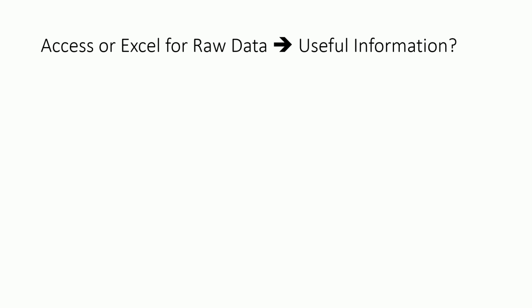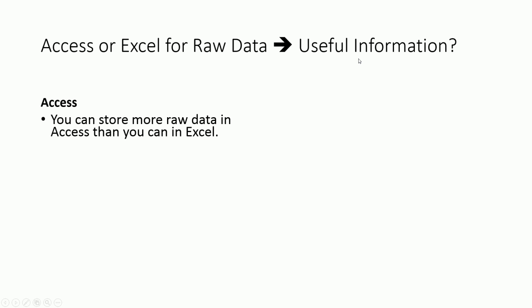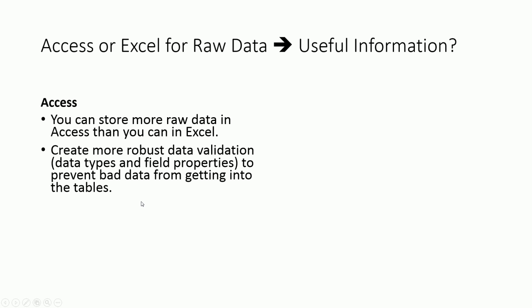Access or Excel for turning raw data into useful information? Well, Access has some big advantages. You can store more raw data in Access than you can in Excel. You can create more robust data validation. Again, that's the data types and field properties, so you prevent bad data from getting into the tables. It's easier to build relationships between tables. We'll see how to do that when we build our database.